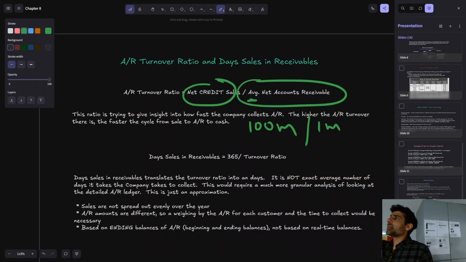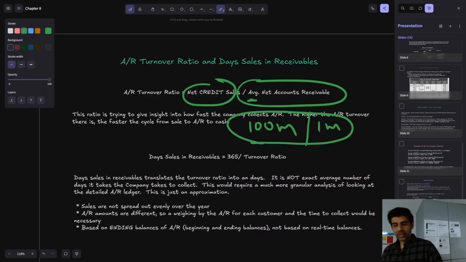That means you're collecting the cash very fast because look how low your accounts receivable balance is compared to the total credit sales. It means that you're generating a ton of sales and the cash cycle is really short, right? You make $1 million of sales, you collect the cash, you make $1 million of sales, and by the end of the year, or the average, you only had $1 million of receivables. Okay, so this is a very fast cash cycle.